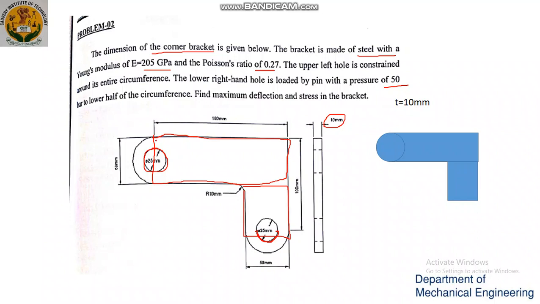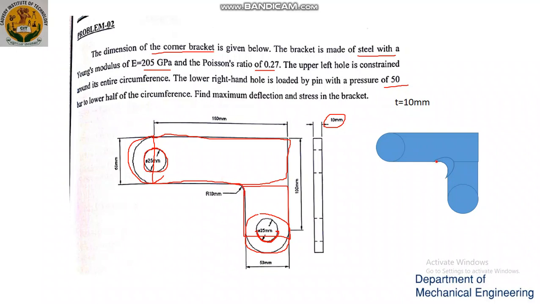Then you are going to create a circle here with 25 mm radius. Then you are going to create a circle of radius 25 mm here, so the diameter will be 50. Then you are going to fillet this around here, R equal to 10 mm.